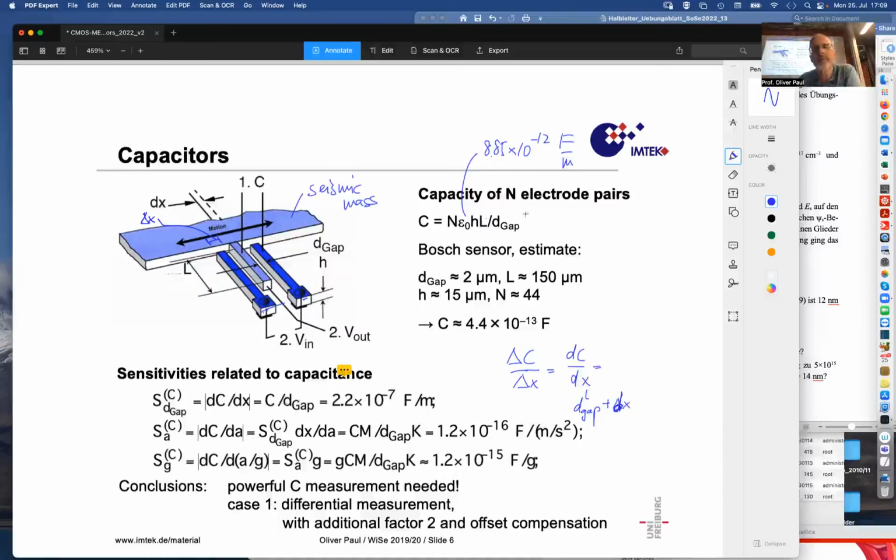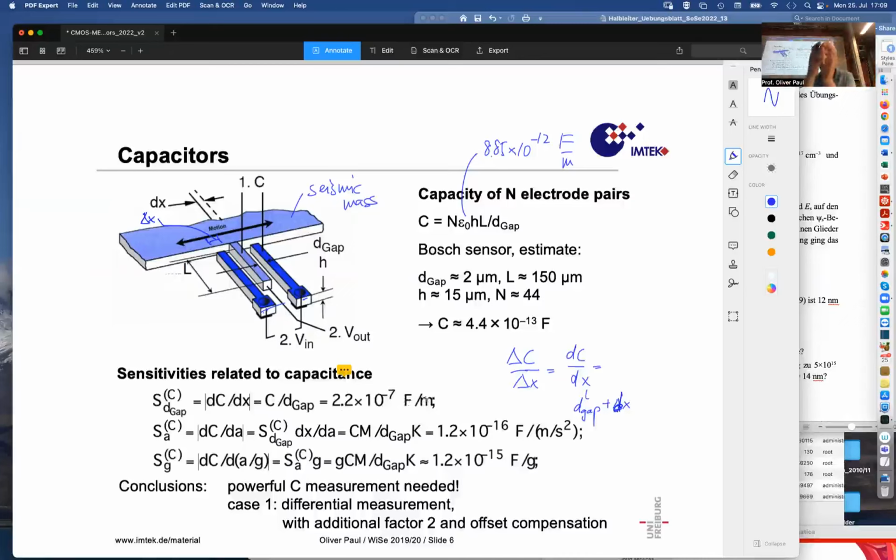And we take this formula here, and one does the derivative. Because this is just a 1 over d, then 1 over d becomes 1 over d squared with a minus, so the power of -1 becomes -2, and that's just like dividing C by the gap width. If we do that, we can calculate the value of 2.2 times 10 to the -7 farad per meter.